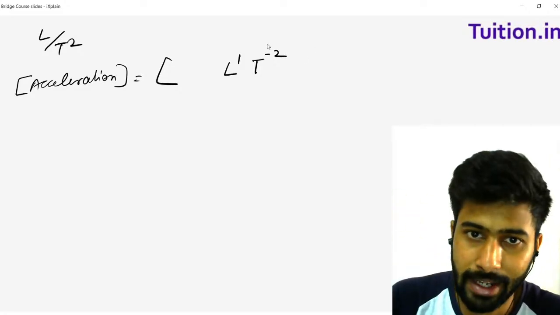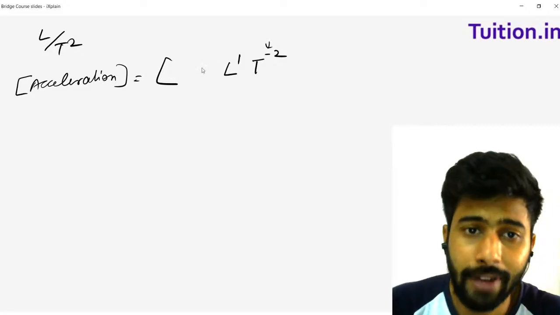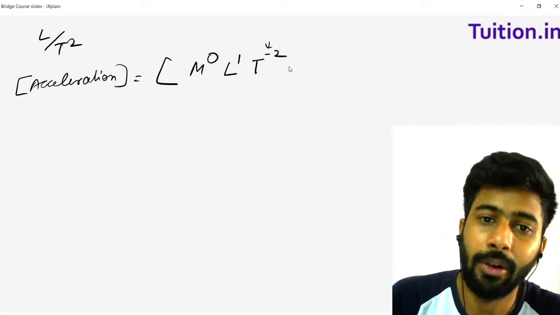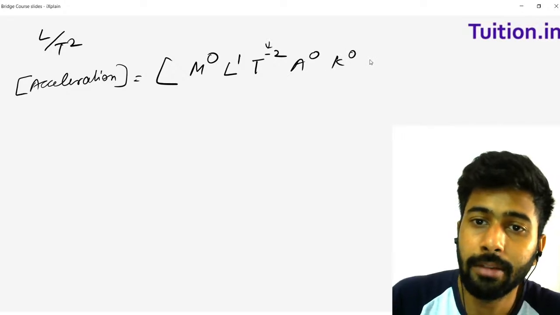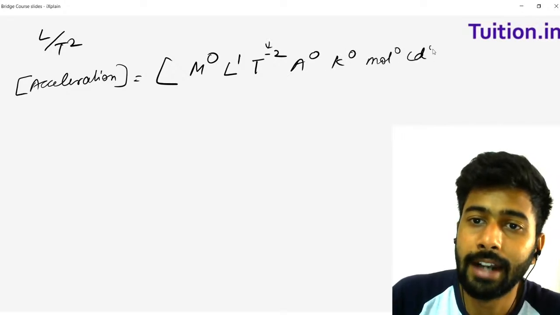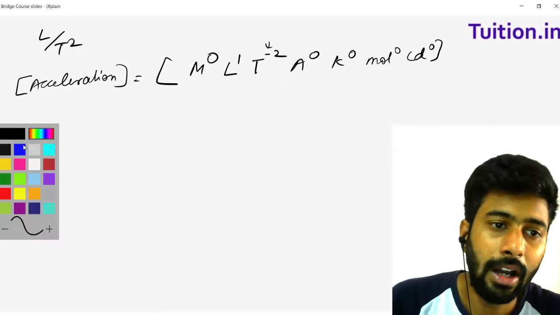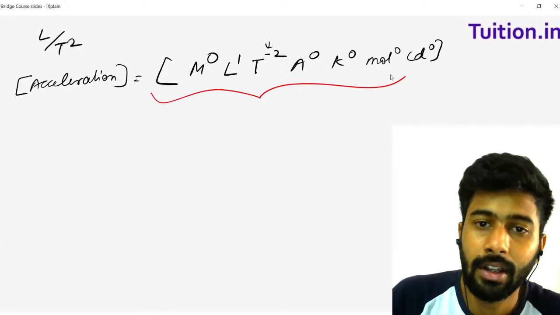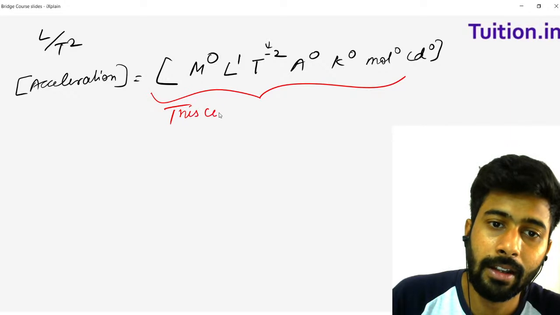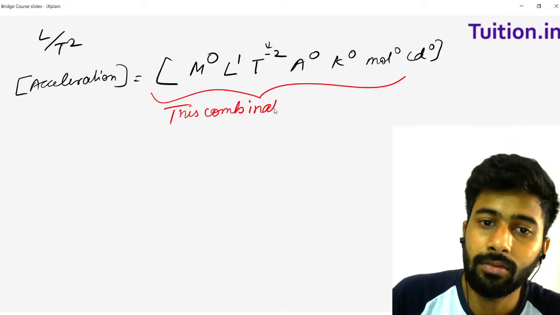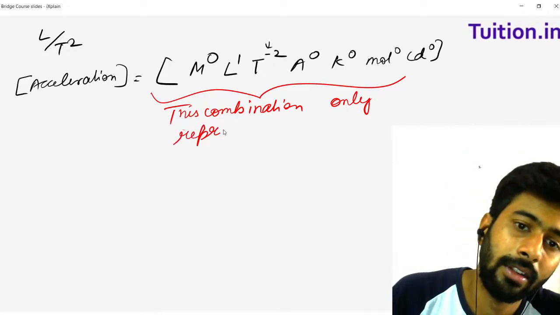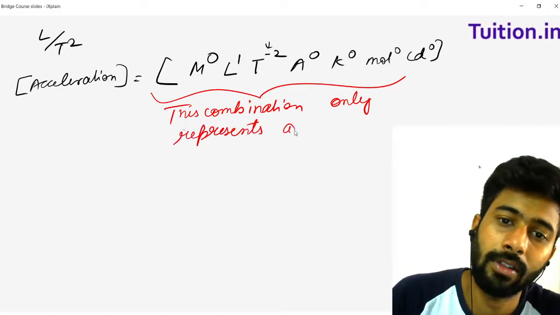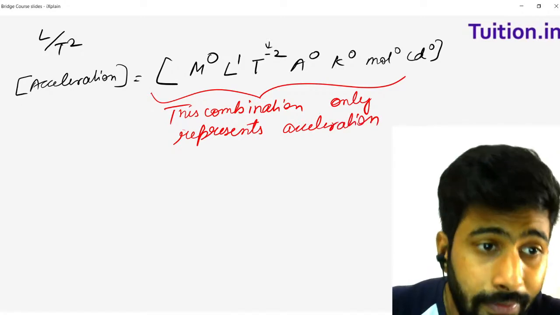So that's why you have this negative sign, because you're dividing it. And then everything else power 0, because you're not taking mass, current, temperature, moles, or candela. So this is another possible combination, and this combination only represents acceleration. It does not represent anything else. Getting my point?